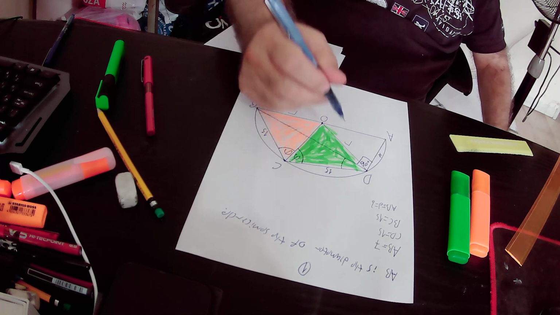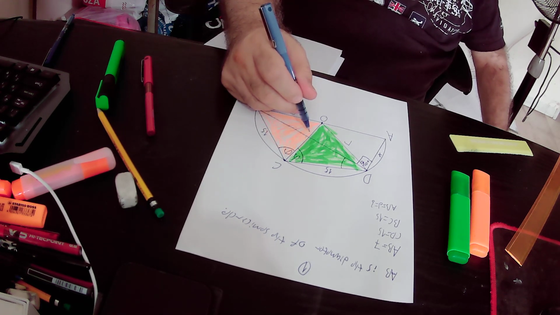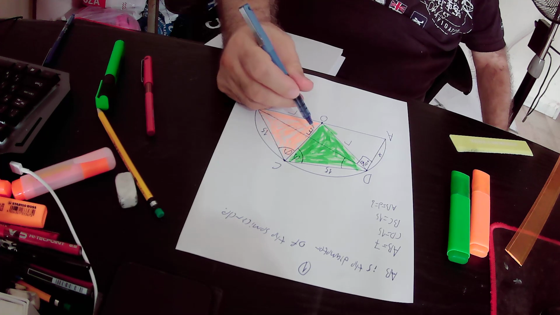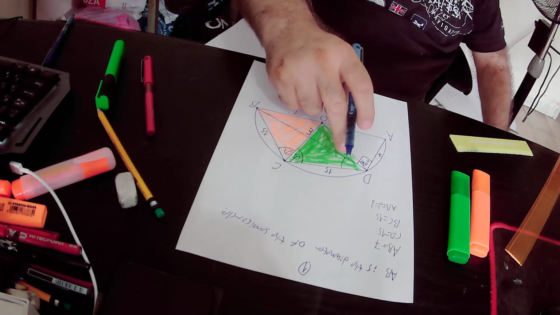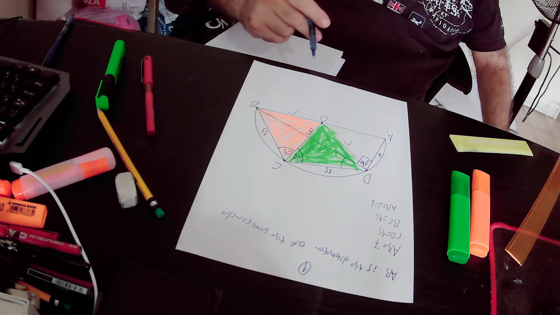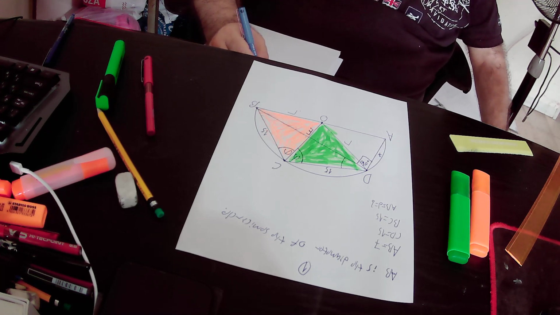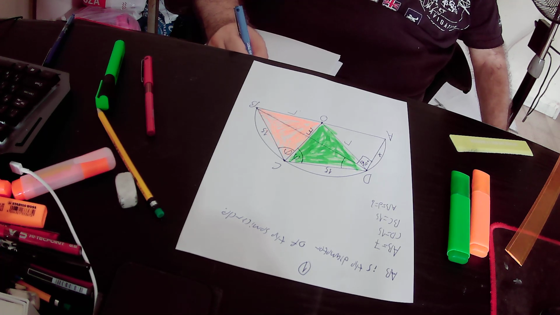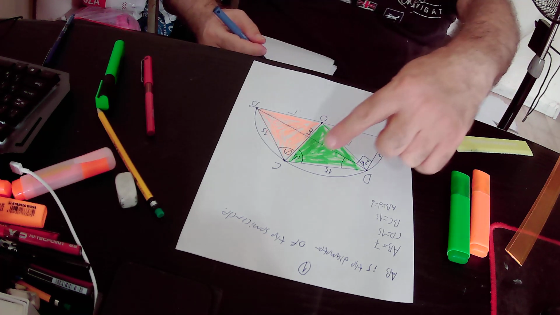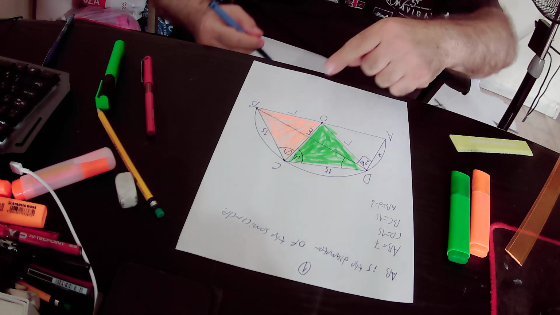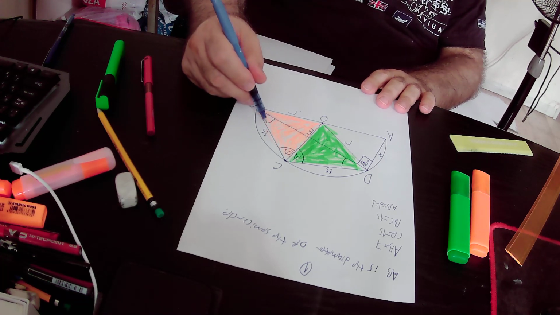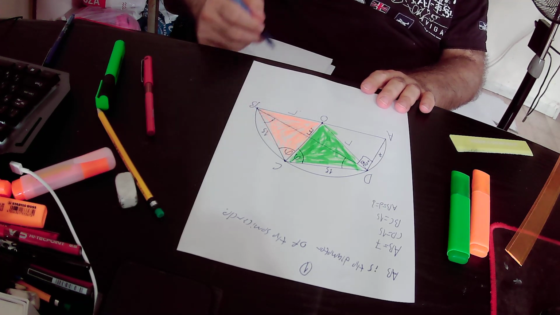Here we define this point as point E. So in front of this side we have angle CDE, and in front of this side we have angle CBE.